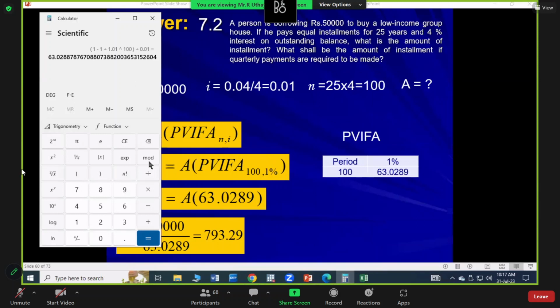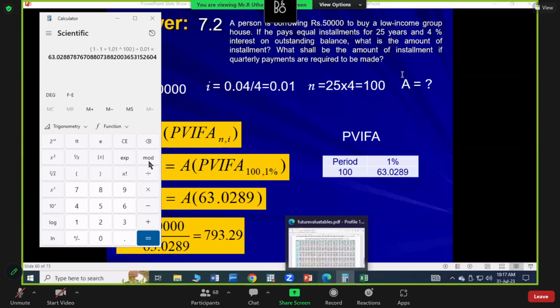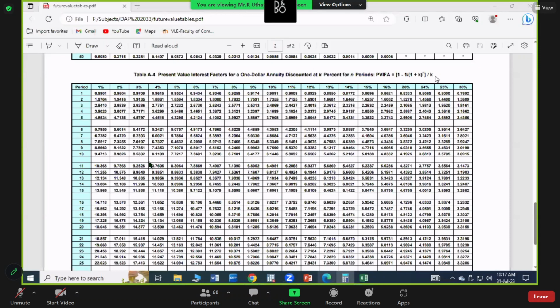So you can use the calculator straight away. In your scientific calculator, you can apply that formula given in the table and substitute all the figures as given here.